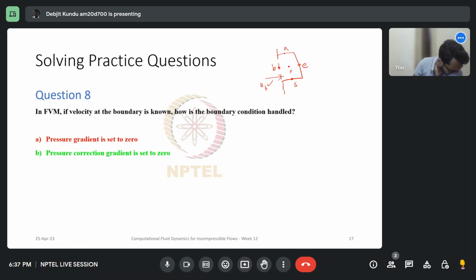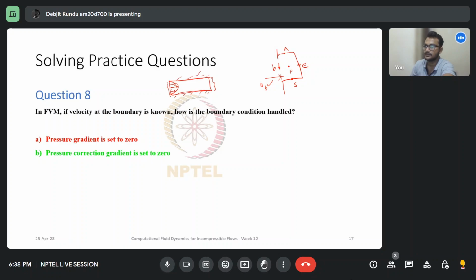Okay. So it could be something like, in a channel flow like this, I can either mention the velocity profile over here, in which case all velocities at all the points in this inlet are known. Similarly, I can do the same thing where the outlet is known. Another possible case is at these two boundaries, at the walls.